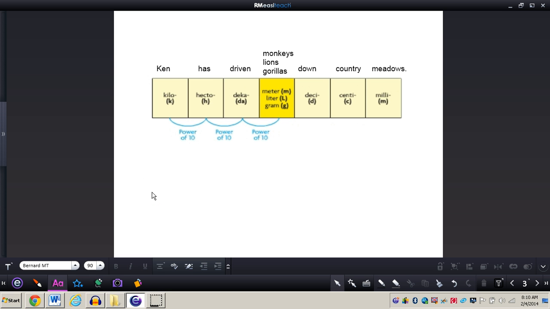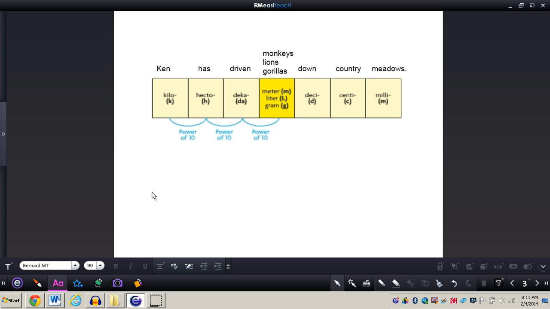So when you look at that table, it's important to understand, and I do want you to write this part down in your notes, each unit is 1 power of 10 greater than the unit to its right, and 1 power of 10 smaller than the unit on its left. I'll repeat that again.